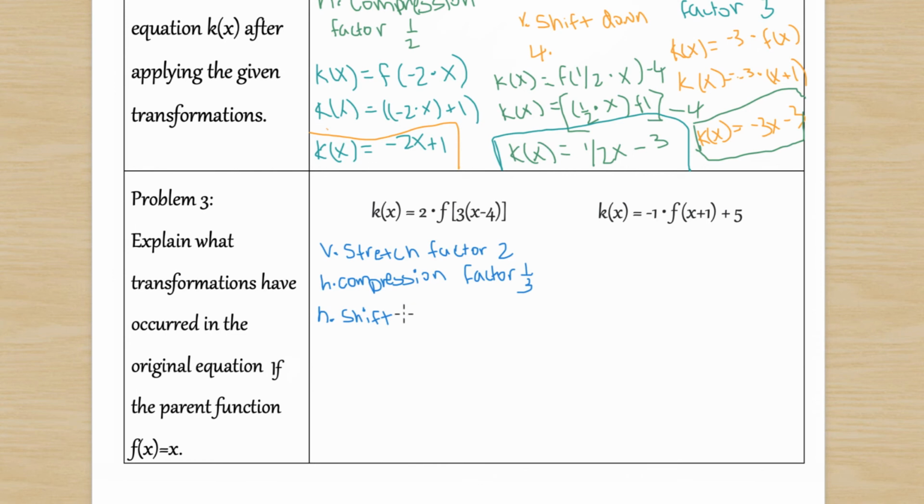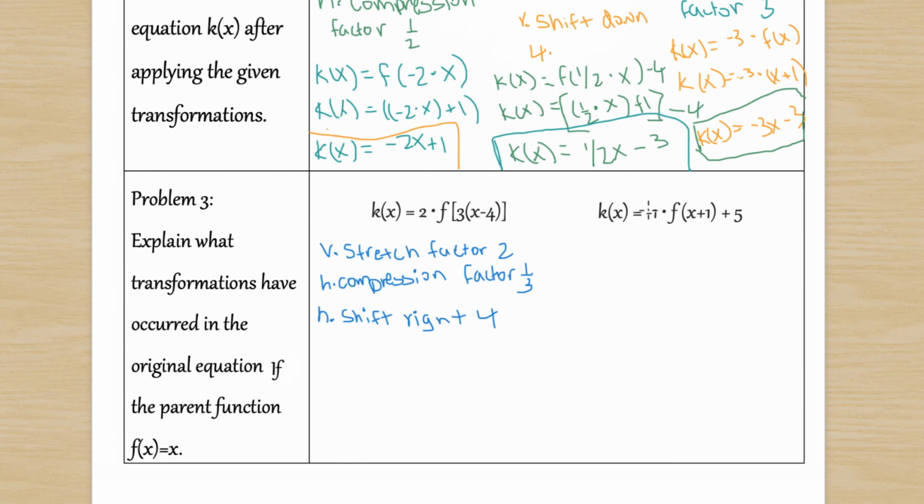So that means it's going to be a horizontal shift right 4. And those are all of the transformations that are occurring in this first one. Let's move on to the next one. It says k of x is equal to negative 1 times f of x plus 1 plus 5.